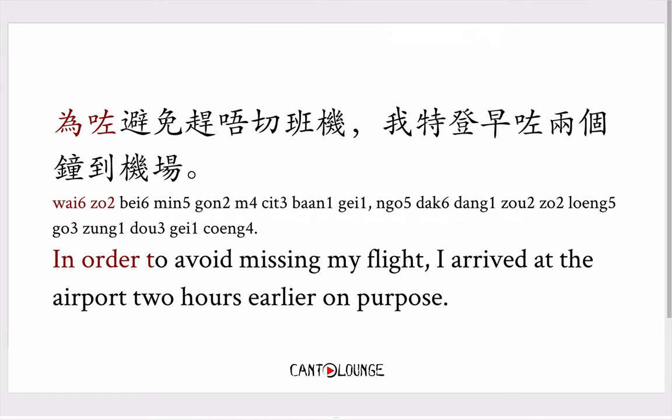Okay, so for example, we have, just read the sentence first. Actually, before that, imagine that you're going on a trip, but it's your first time going on a long distance flight, so you want to hurry it up, and maybe you're talking to someone about it, and you'd say 為咗避免趕唔切班機，我特登早咗2個鐘到機場。Right, so in order to 為咗 avoid 避免趕唔切 missing my flight 班機, ban is the classifier.